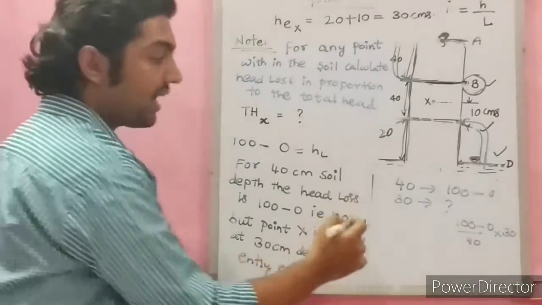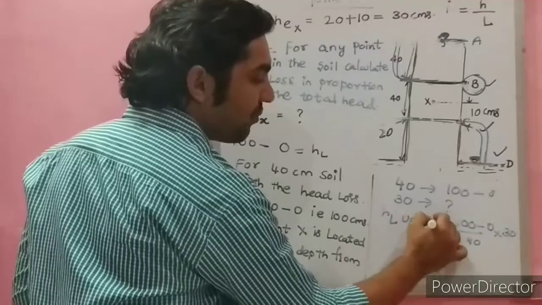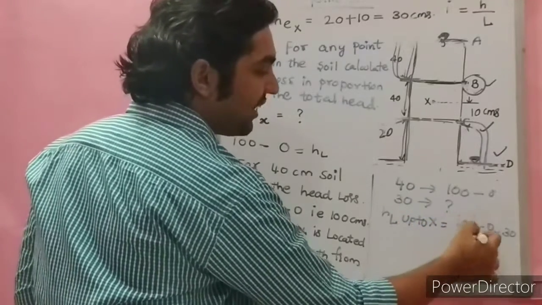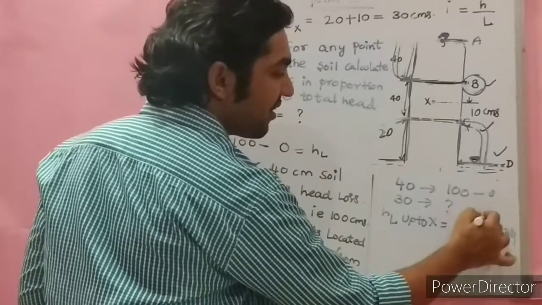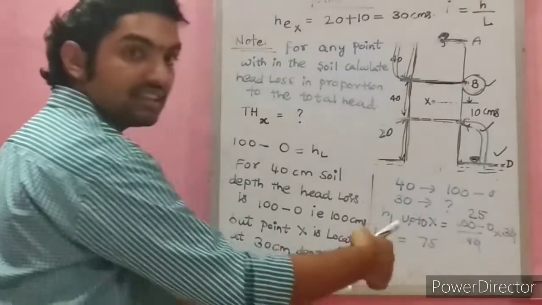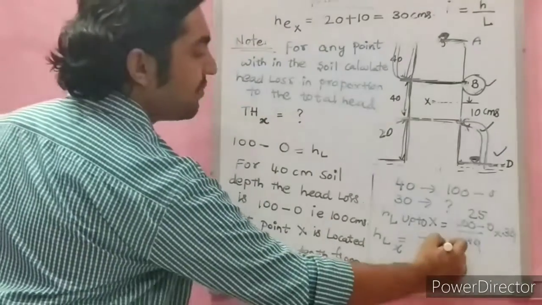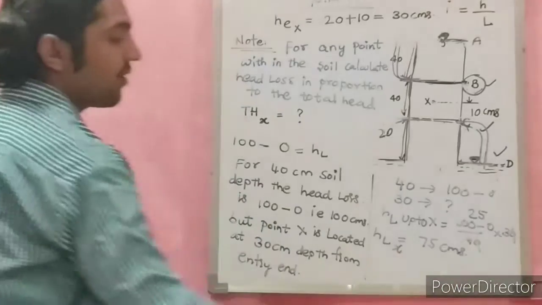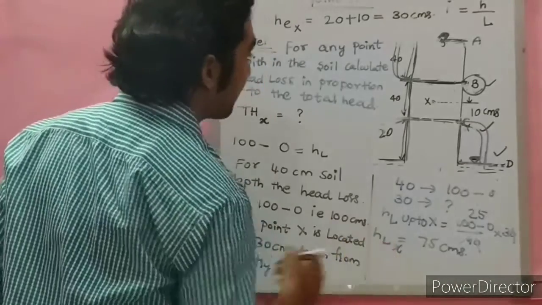This is nothing but the head loss up to point X. 100 by 40 is 2.5, times 30 gives 75. So head loss up to X is equal to 75 centimeters.